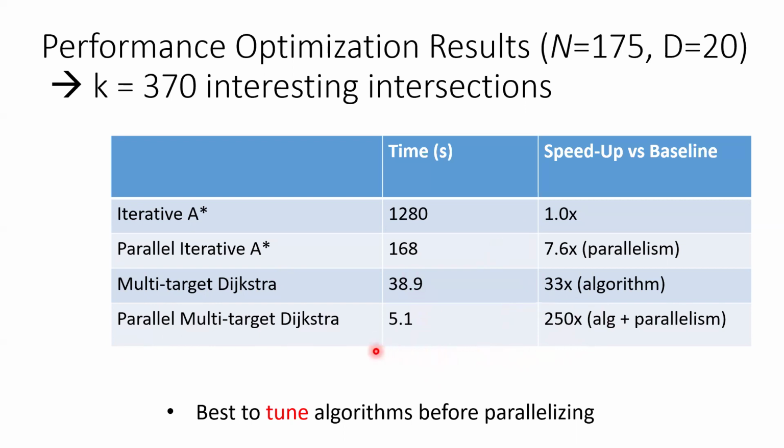And what we want to tell you is that it's best to first tune the algorithms to the most extent that you can before parallelizing, because parallelizing doesn't give you that much gain compared to just getting a better algorithm. Just do it after you get the best algorithm.